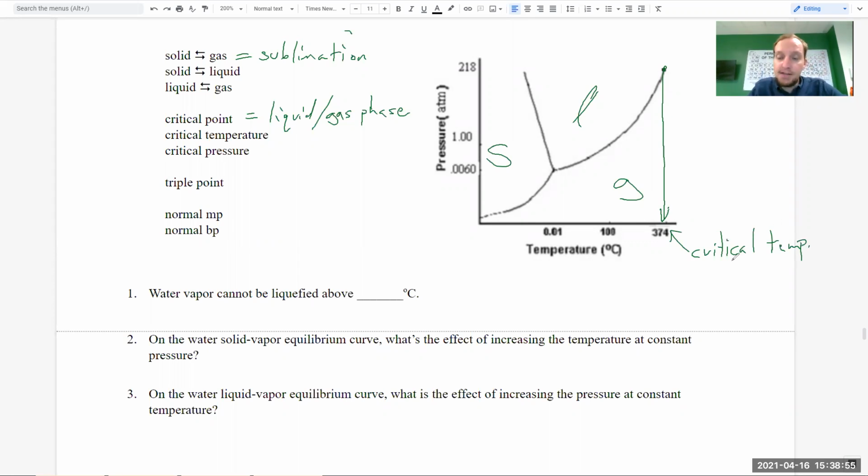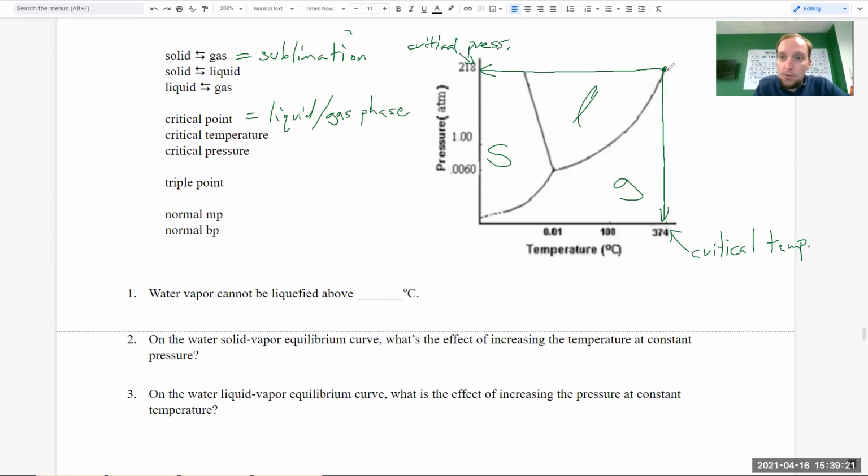The critical temperature is the temperature at which you reach the critical point, which is when a liquid and gas coexist. Your critical pressure, you guessed it, is you take the critical point and go all the way over to the left axis, which is your pressure, and that would be your critical pressure.